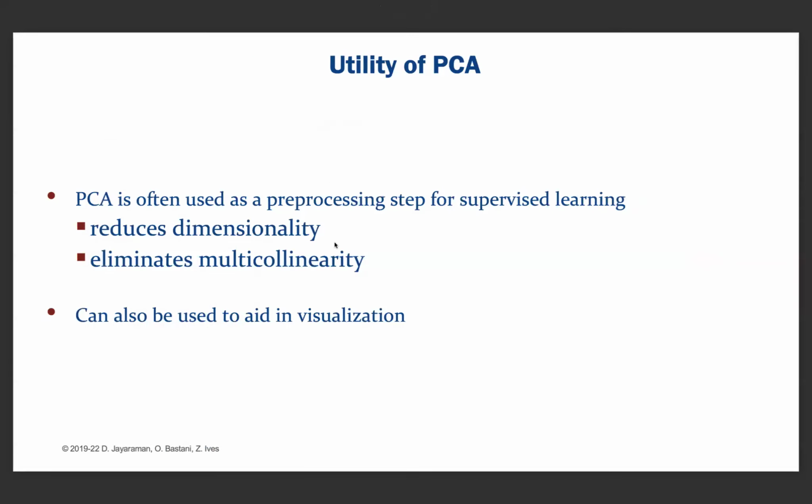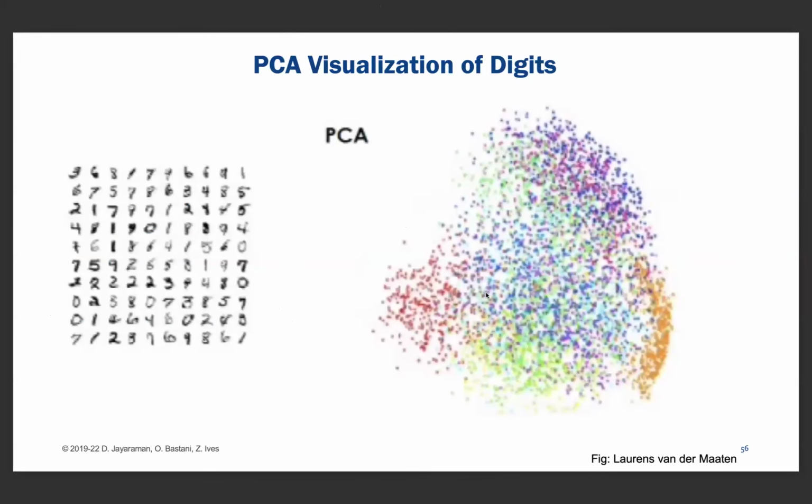So far, PCA is a very standard pre-processing step for many supervised learning tasks. It reduces dimensionality, eliminates multicollinearity, and can be used that way. But in this case, it's not very good for visualization. In the example we'll have in the tutorial, it will be a little more useful for visualization.